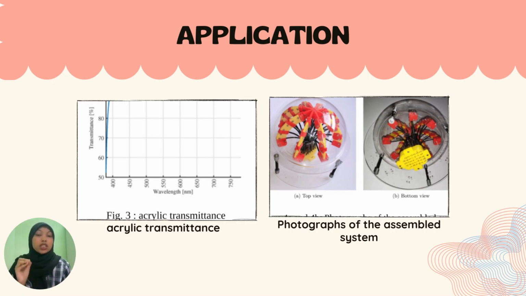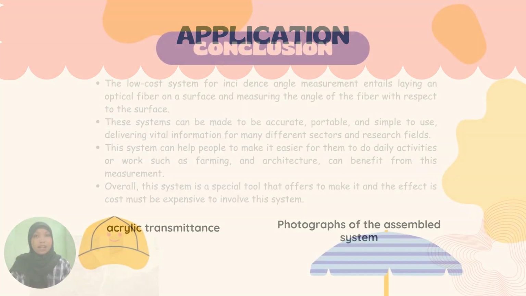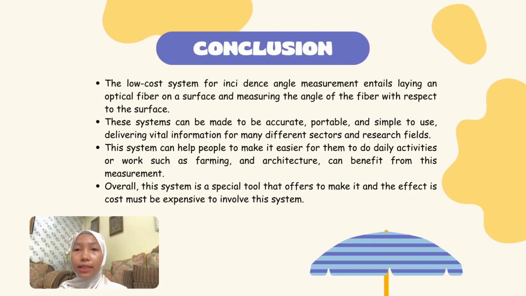Conclusion. In a nutshell, the low-cost system for incident angle measurement entails laying an optical fiber on a surface and measuring the angle of the fiber with respect to the surface. Second, this system can be made to be accurate, portable and simple to use, delivering vital information for many different sectors and research fields.